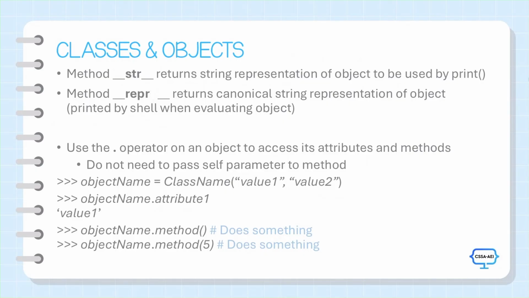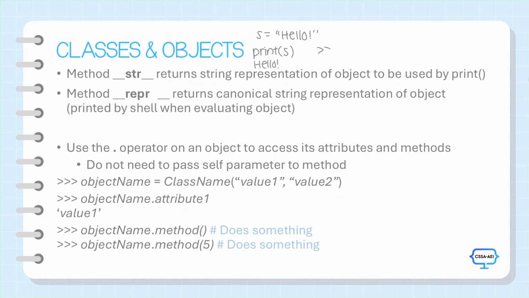Okay, let's say I have a string. So the class is a string, and then a specific string is an object. It's an instance of the class string. So let's say s is hello. If I were to use print s, it would give me hello like this.